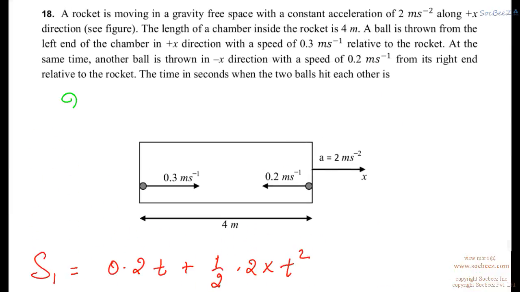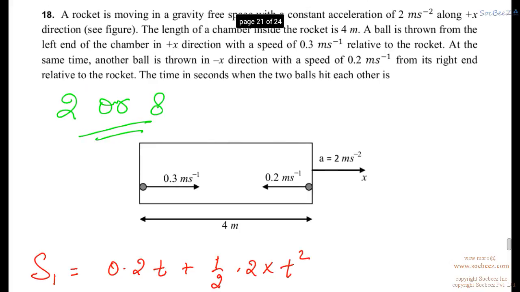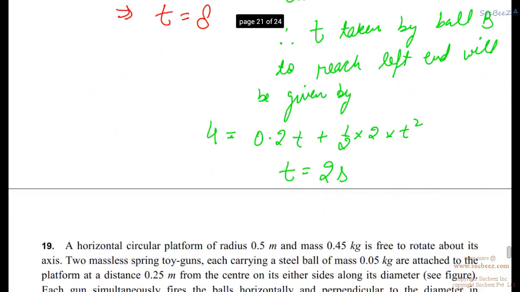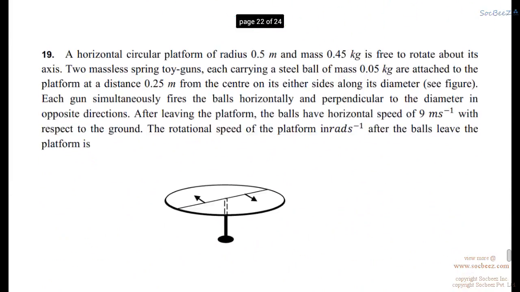So in this way time comes out to be 2 seconds. Therefore the answer for this question is either 2 or 8. In this case the chamber is closed. If we consider the chamber is closed, then the answer will be 2. So now let's see another question.